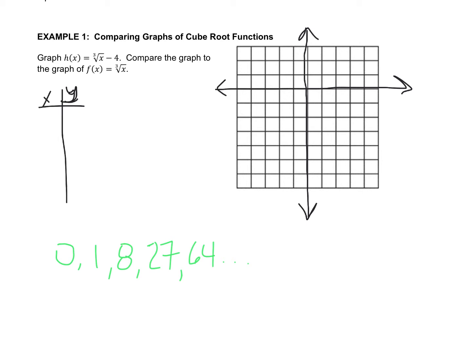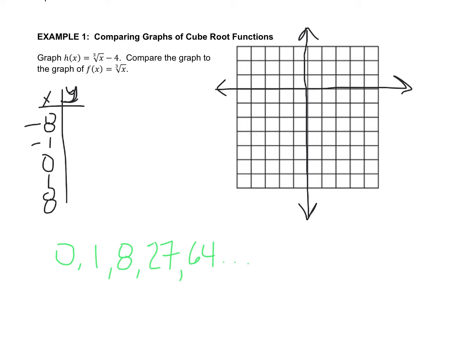So let's look at our table. With the function that we're talking about, I might plug in negative 8, because I want to see what's happening on the negative side as much as the positive side. I might plug in negative 1 and 0, and then positive 1 and positive 8, again because those are perfect cubes.